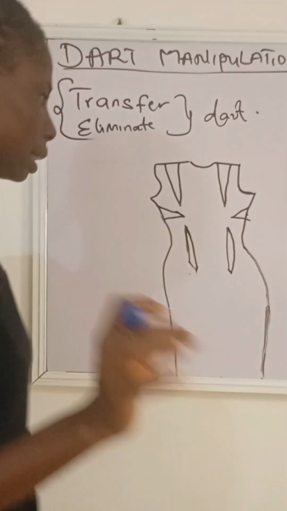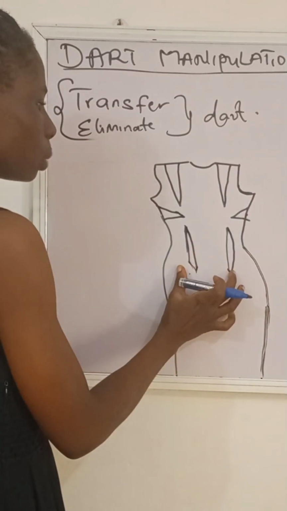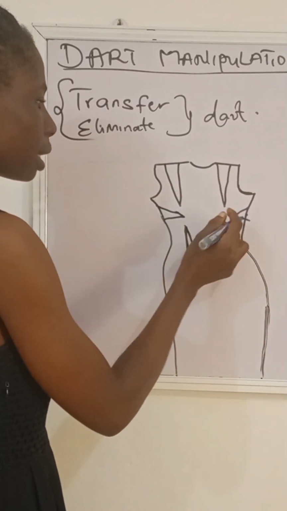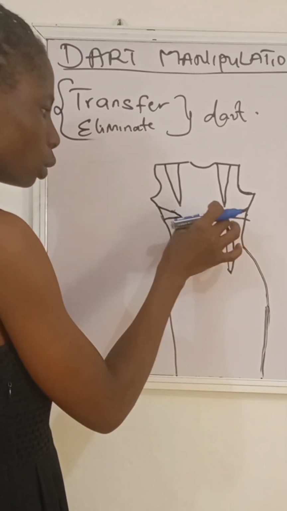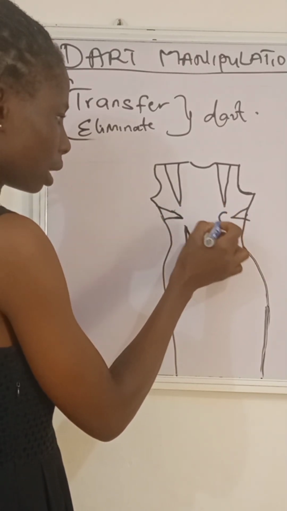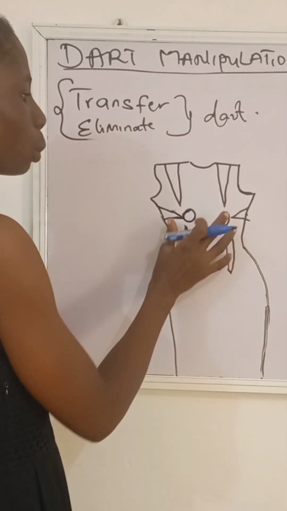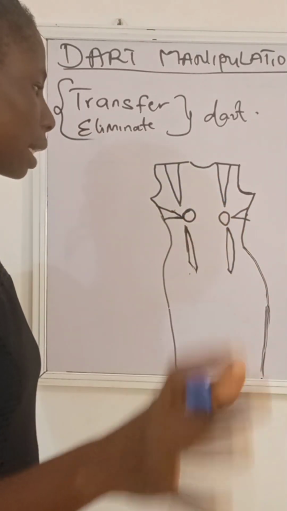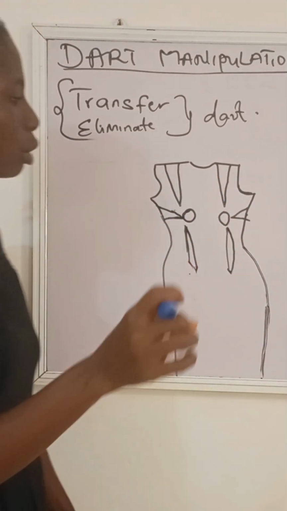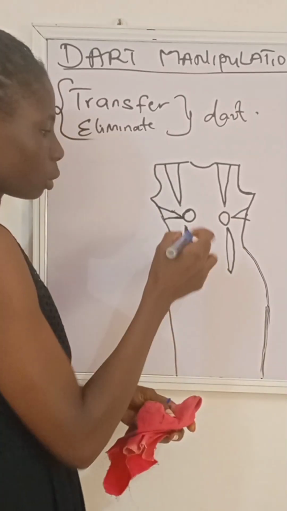The waist dart, the bust dart, and the shoulder dart all point towards the bust. This is where you have your bust on a person. So everything is pointing towards the bust. If you want to do that kind of manipulation, you are going to work with the apex, that means your bust point.